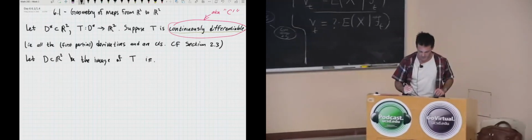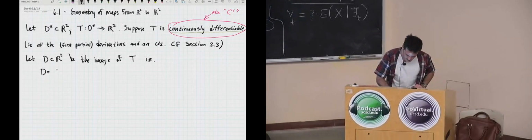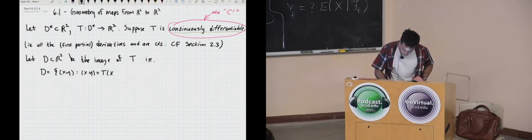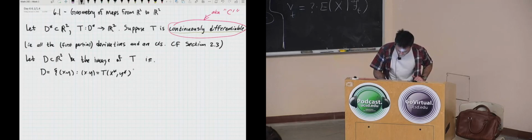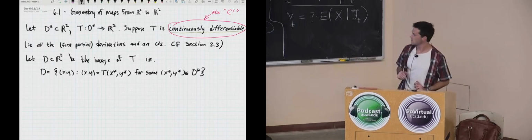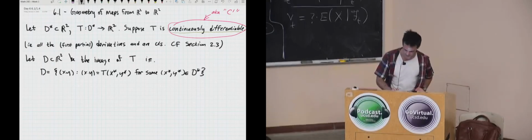So D is the set of all xy such that xy is the image of some point under the transformation T. Stop me if you have a question on this.